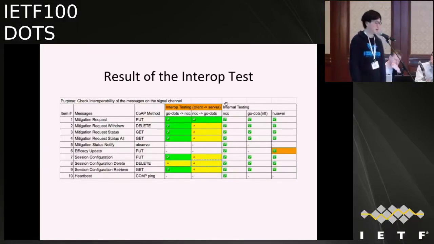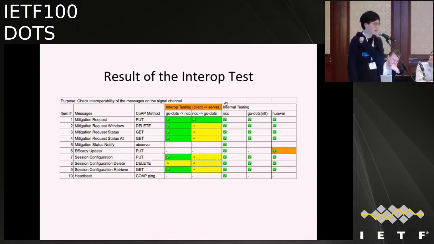Unfortunately, because of a lack of functionality in Godot, the open source project, it lacks status notify, efficacy update and heartbeat. So we only tested the rest of the functionality on messages on the signal channel. NCC's implementation already has all of the functionality of these messages on the signal channel.